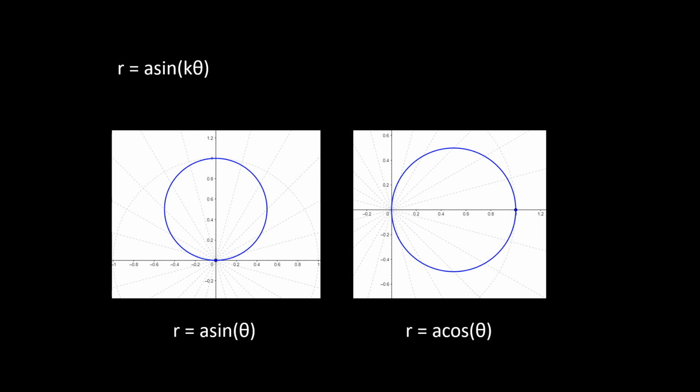So for both cases, the radius of the circle will be equal to a all over 2. If r is equal to negative of a sine theta, then the circle will be located down below the polar axis. And for r equal to negative a cosine theta, it will be a circle tangent to the line theta equal to 90 degrees at the opposite side.